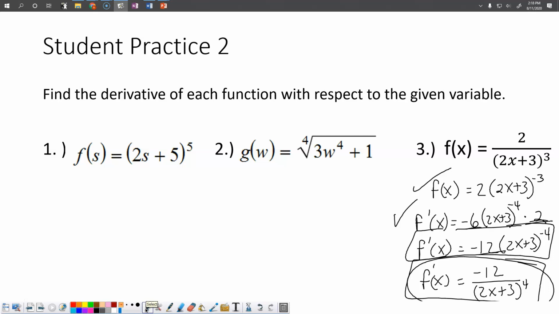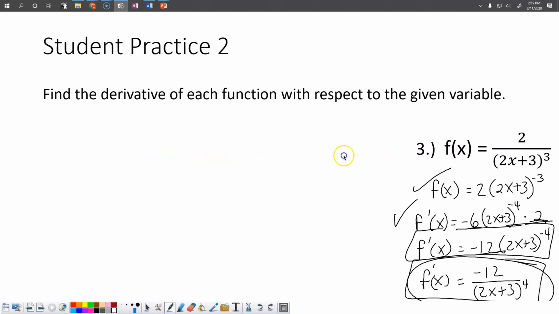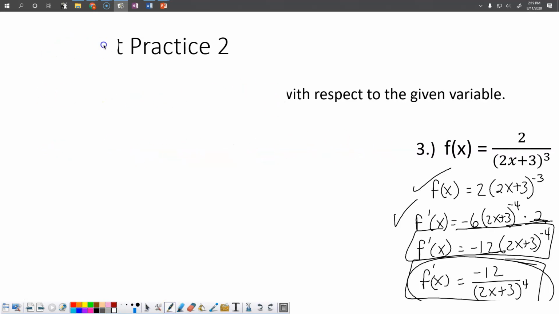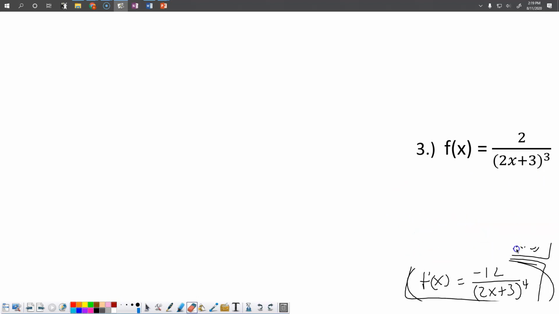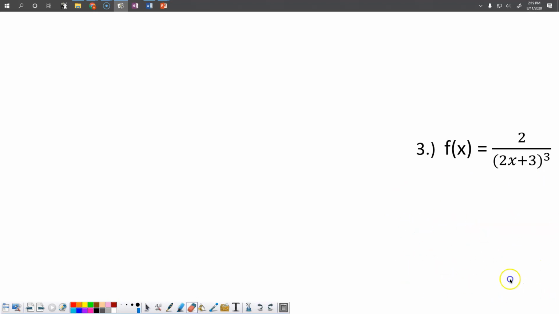So what I'm going to do now is solve your problem here, but I'm going to do it using the quotient rule instead. So let's say you saw this and you forgot what Mr. Bailey had told you about rewriting it, and you just started doing the quotient rule.